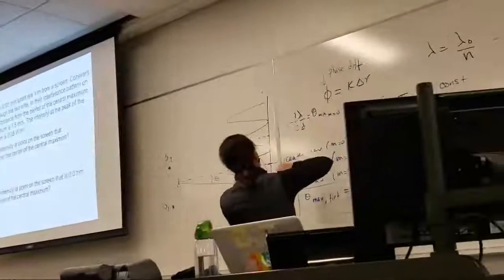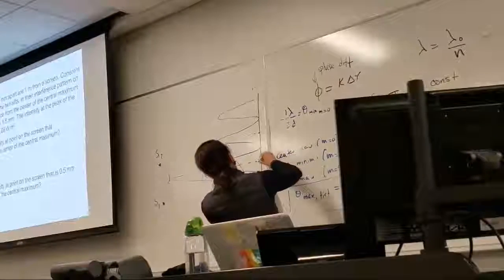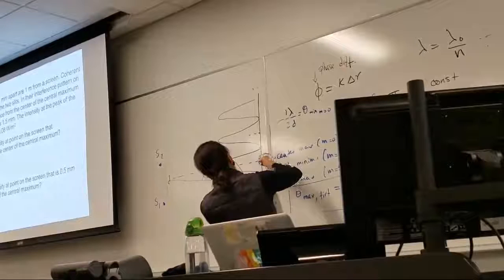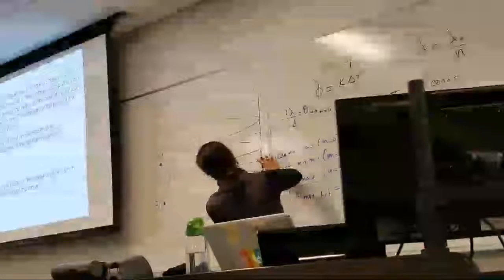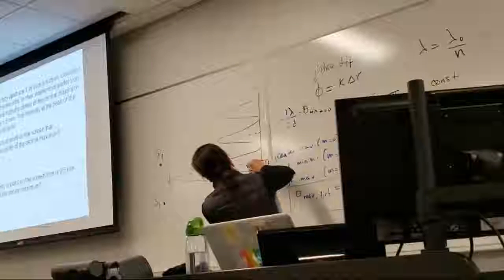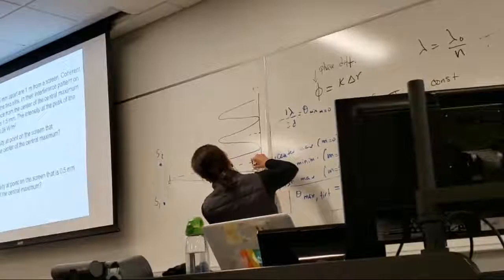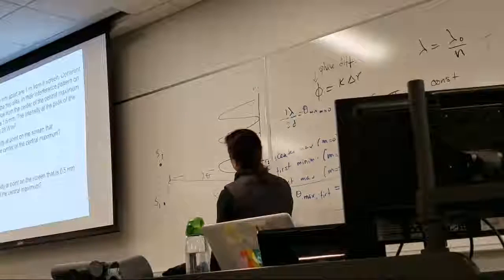The distance L is 1.5, this is the first minimum. So they want to know what's the intensity when it's 1 millimeter. So this is 1 millimeter. What's the intensity there?